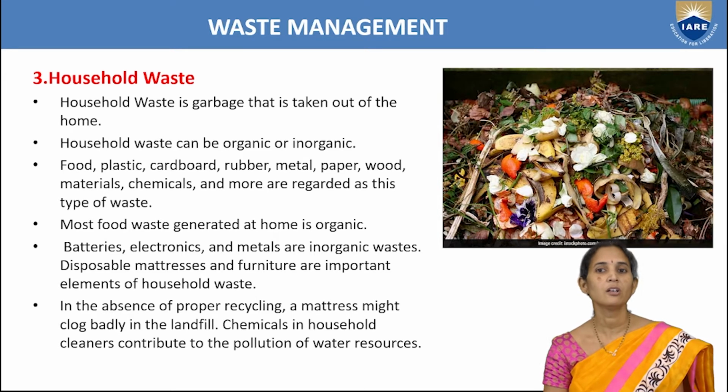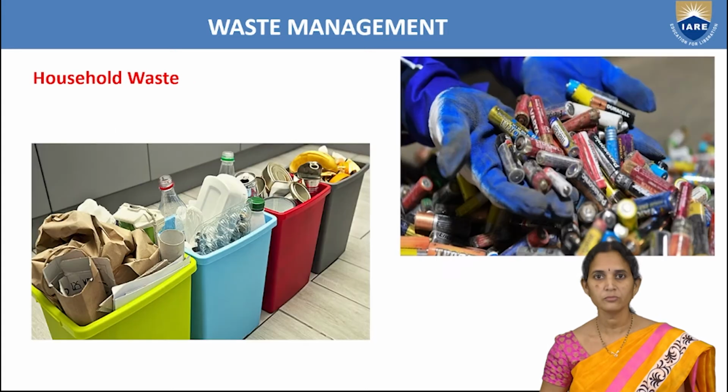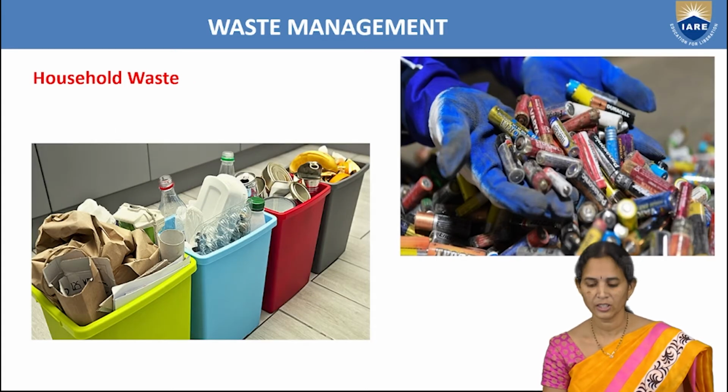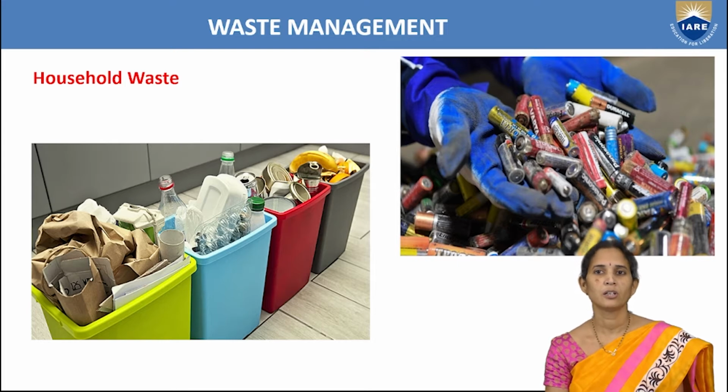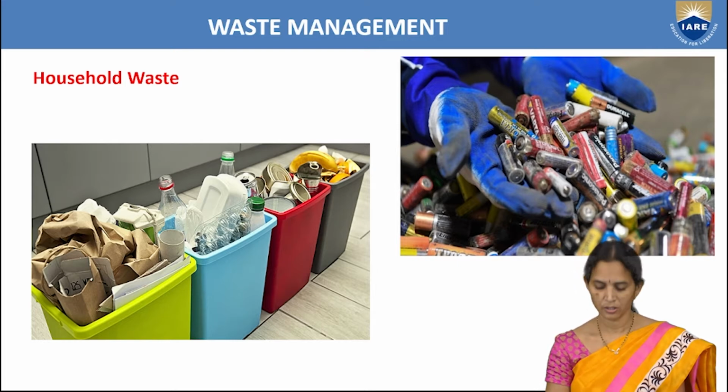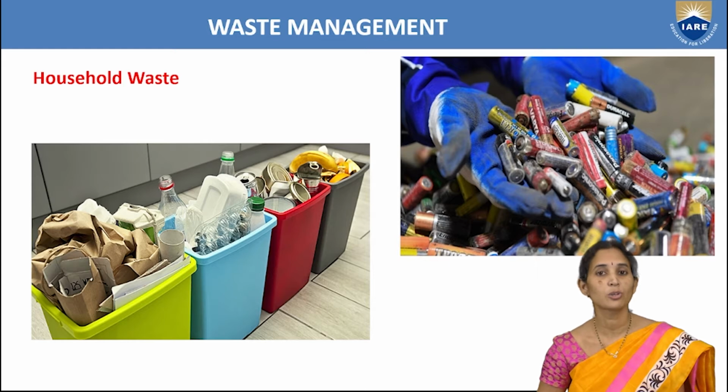All these are called household waste. We can take the example in these pictures I have given already. We are throwing the battery simply outside on the surface of the land, and in the dustbins we can see bottles, papers, cardboard, food waste, and old utensils. All these are called household waste.